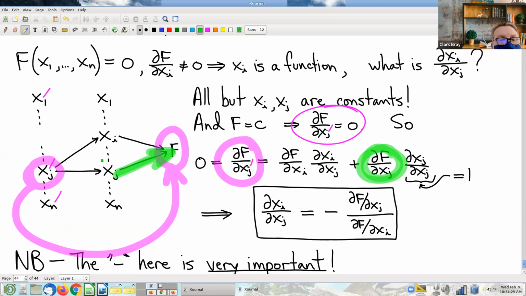Because as this xj changes, when we're talking about the green partial here, the assumption is that all of these variables remain constant except for xj. At which point it is no longer the case that I can just say, oh, xi will magically adjust to make f remain constant. It just doesn't.